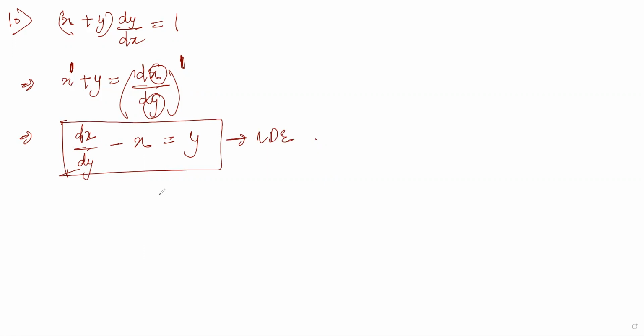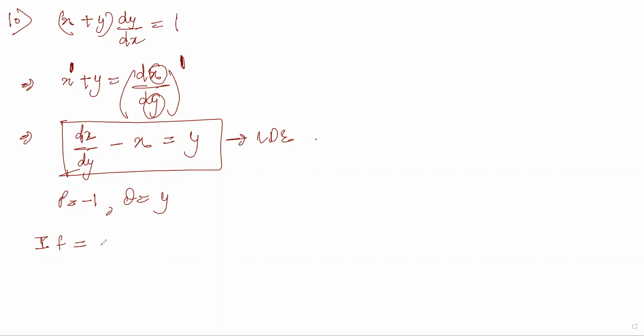Okay. What is the value of p and what is the value of q? So p is coming as -1 and q is y. Correct. What will be the integrating factor? So if we put -1, it will become minus y, e to the power minus y. Correct.